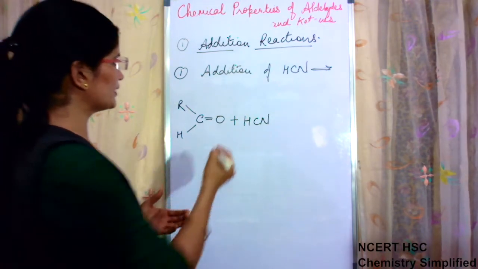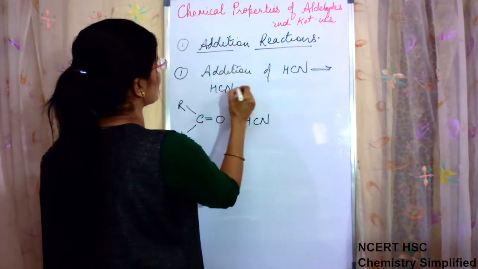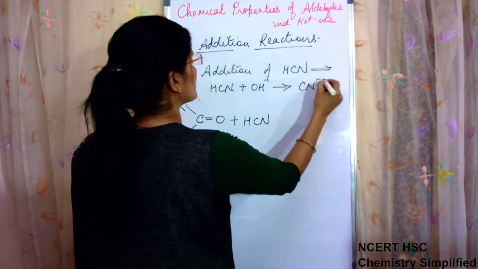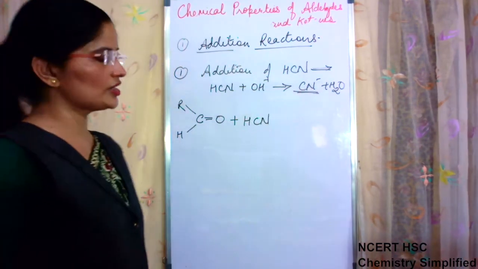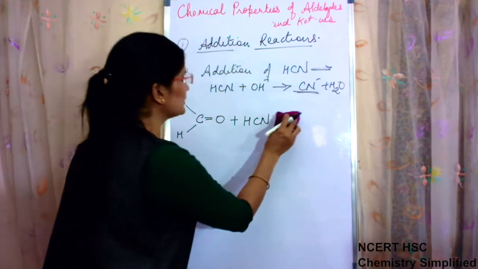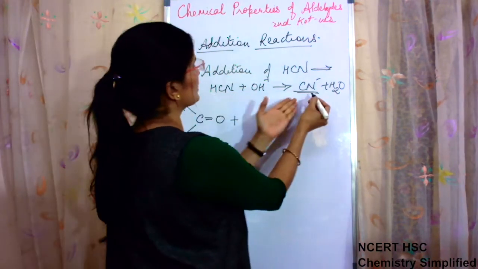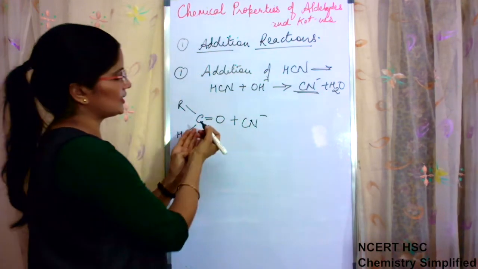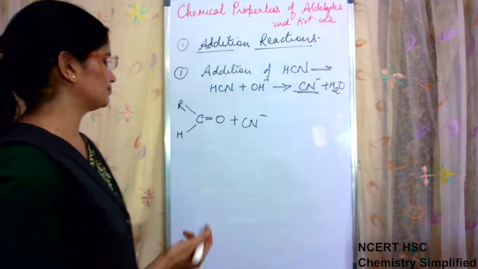So what is generally done, before the reaction you should write that HCN is treated with some strong base to form CN negative plus H2O. Now this CN negative is a strong nucleophile, and it will attack easily. So instead of writing HCN directly here, we should see that first it dissociates into a nucleophile and then it easily attacks the aldehyde or ketone. So this is the first part.